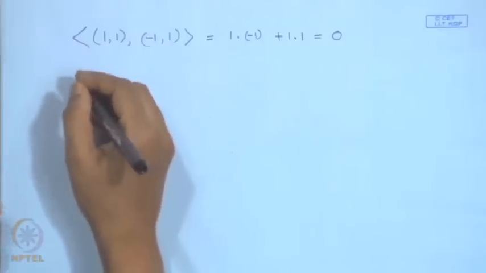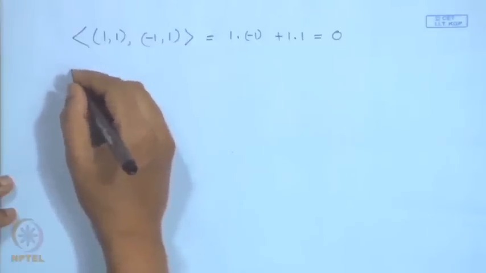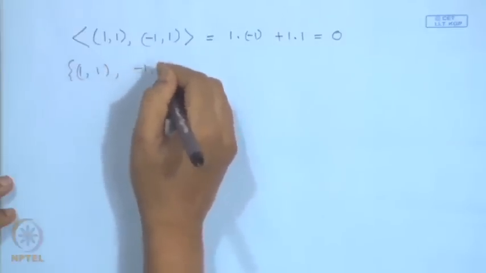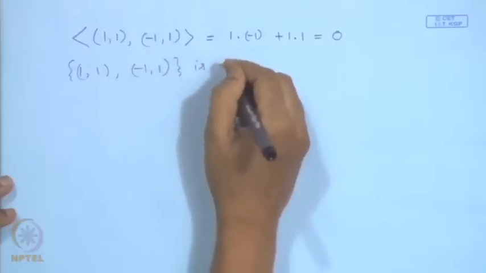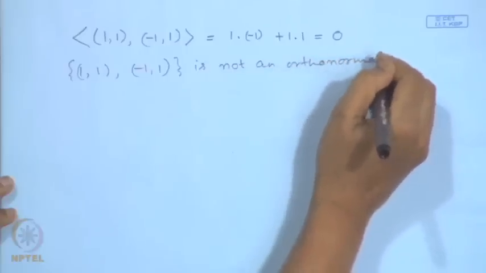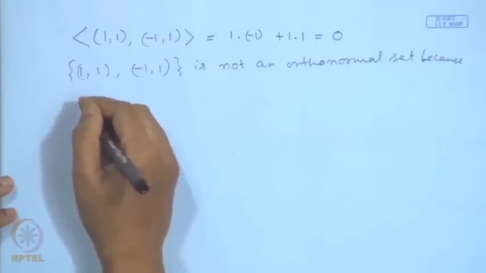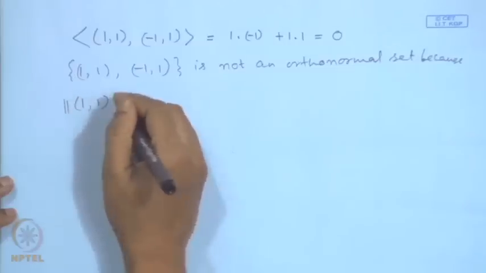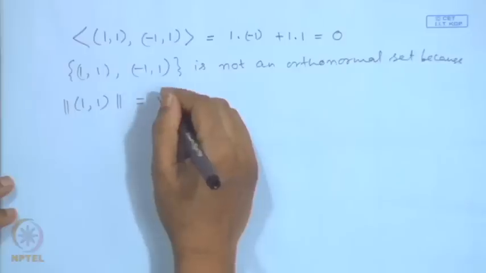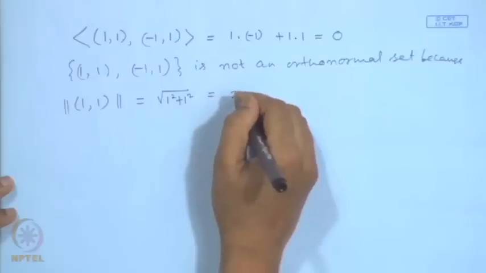So, these two vectors are orthogonal, but this set is not an orthonormal set, because the norm of the vector (1, 1) is equal to the positive square root of the inner product of this vector with itself, and that is equal to the square root of 2.